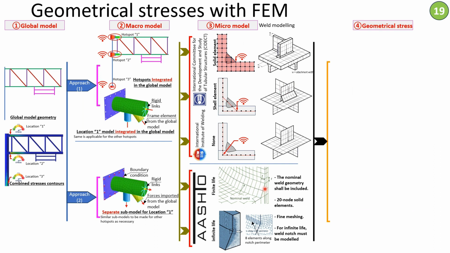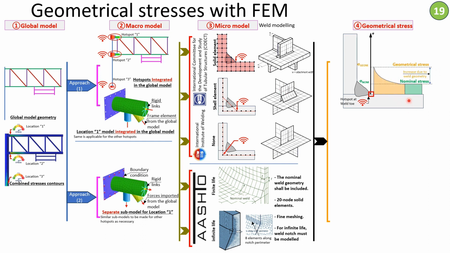Now we are ready to read the geometrical stresses. So let's take a closer look near to the weld toes. Early before reaching the weld toe, stresses are laminar, the stress trajectories are continuous, so stresses here equal the nominal stresses.